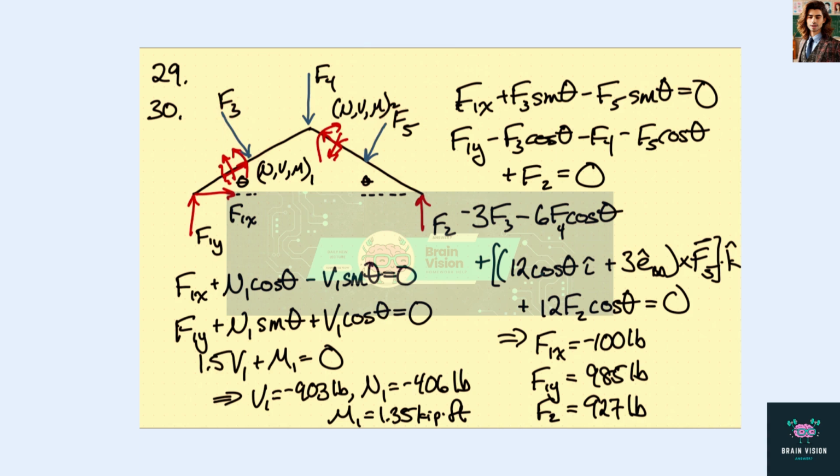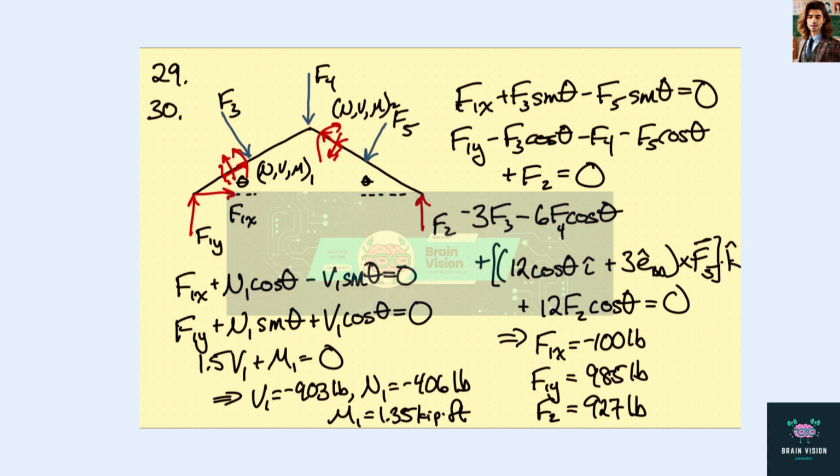Now for problem 29, we take a cut here, which is actually simple because we can just look at this region here. In the x direction, we have F1x plus N1 cosine theta minus V1 sine theta equals 0.